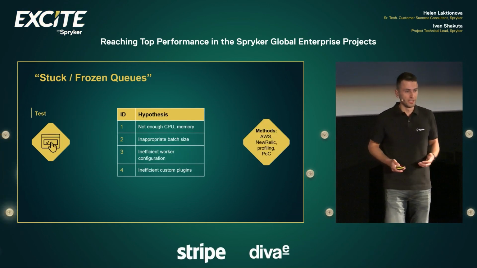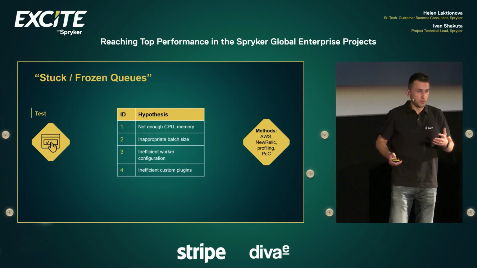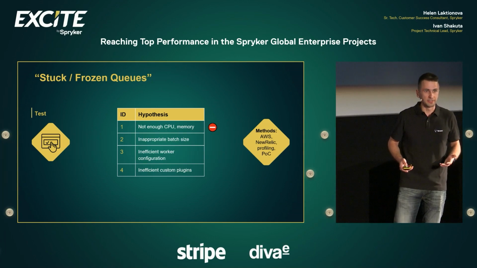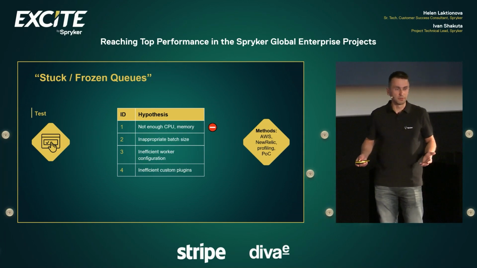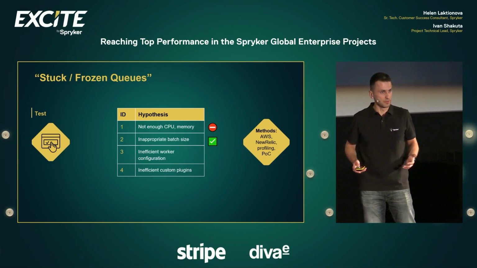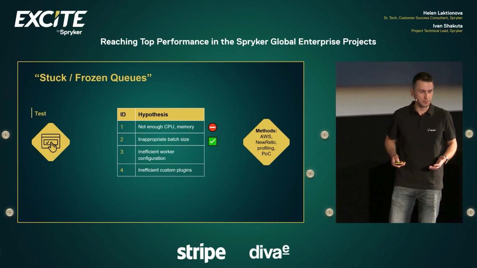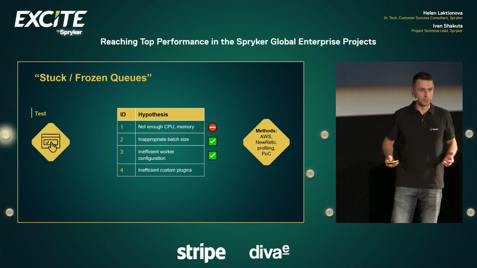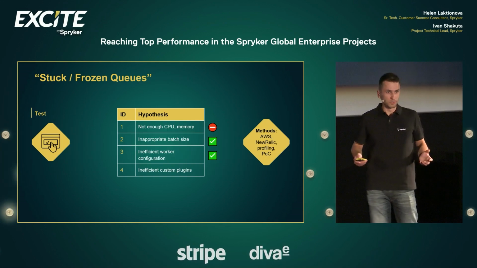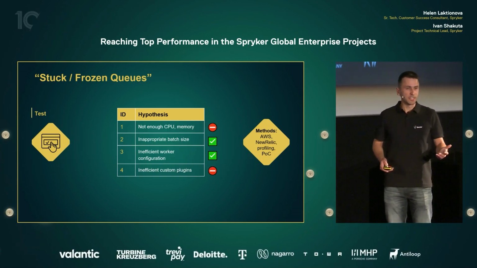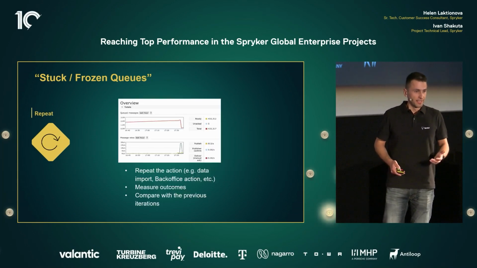In this case, we tried to increase resources because that was the most obvious thing, and it did not solve the problem completely. Then we also tried to increase or decrease batches, and that was the first iteration that helped us a lot. Then splitting the queues or configuring worker limits, like having more workers or fewer workers, and also checking the custom plugins.